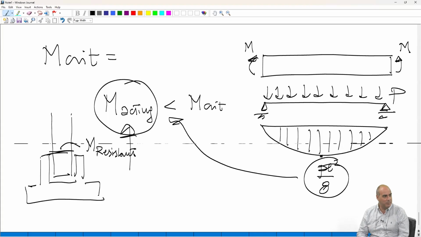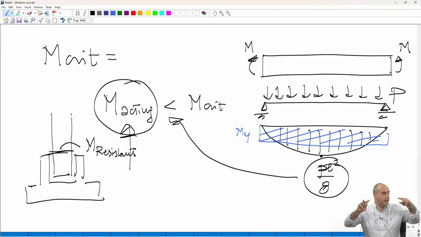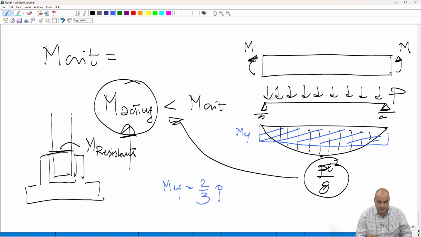You have just bending moment. So one way could simply be, I pick up an equivalent bending moment so that the area of this blue rectangle is equal to the area under the parabola. So in this case, my equivalent bending moment is 2/3 of PL squared by 8. This could be a criterion.